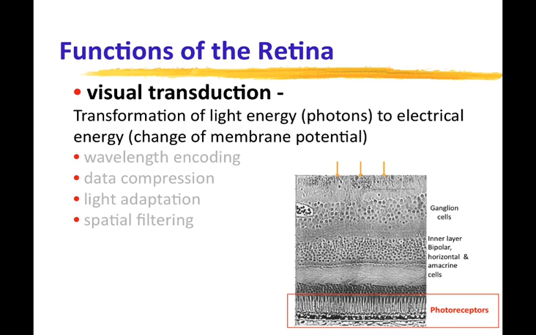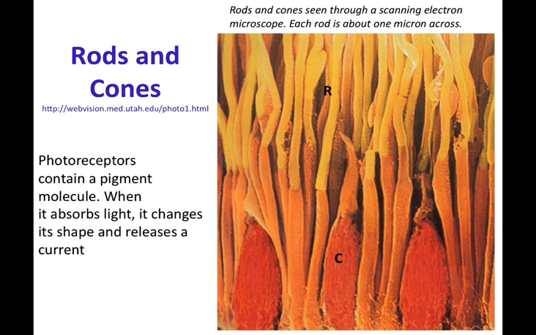How does this work? Before I show you how this works, I'm going to show you a picture of your photoreceptors. This is actually a picture of a human retina under the microscope. And there are two kinds of photoreceptors that differ by their shape and their size. If you can see here, these are conical shaped photoreceptors.